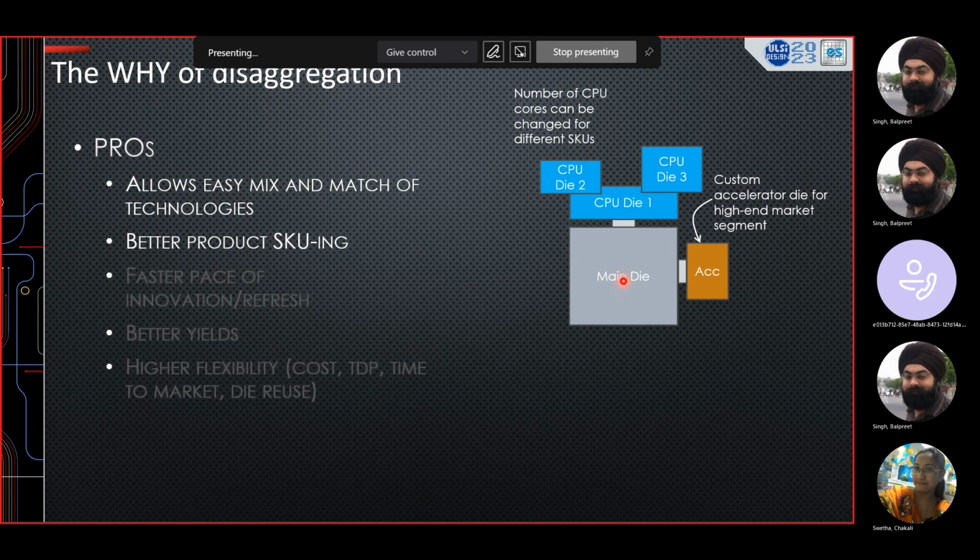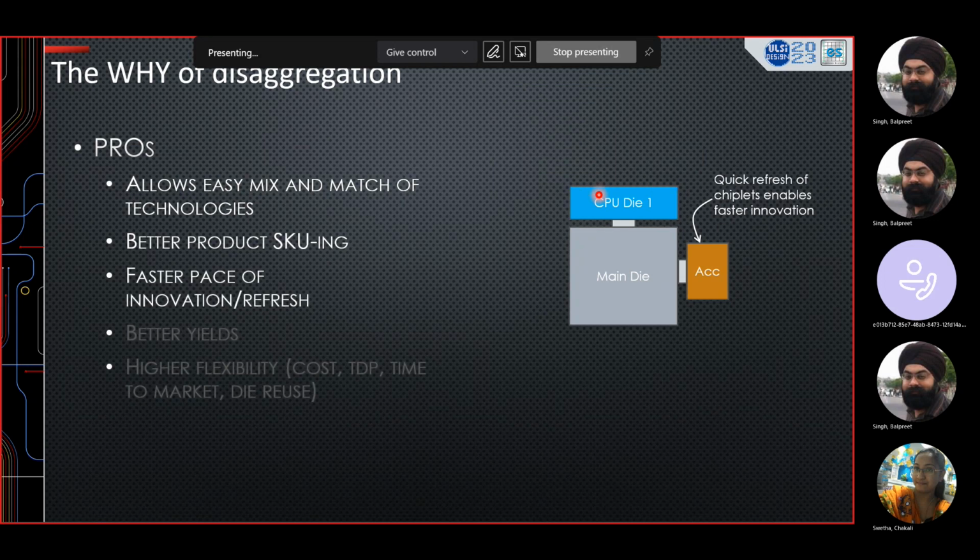Let's say the base die can be a particular set of solutions or logic which is common across your entire market segment, while the key part, the cores, you can have multiple varieties of those cores and you can mix and match these things so as to create a whole variety of SKUs that can cater to a larger market segment. You can have CPU dies with 8 cores and 16 cores and 32 cores and then pair them with the same base die so as to get a much better product SKU.